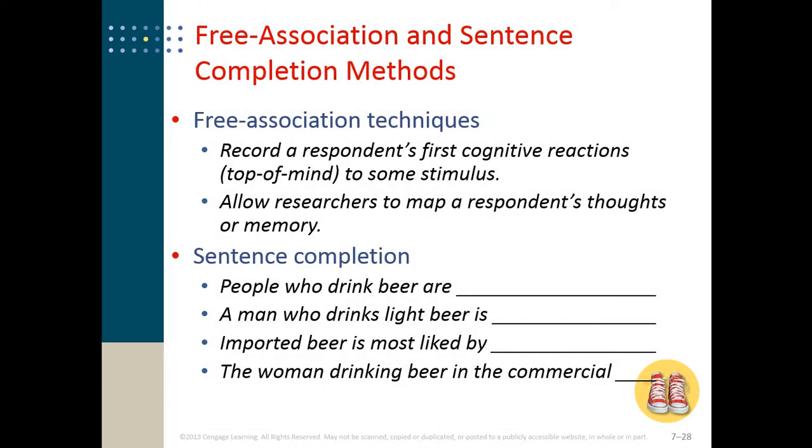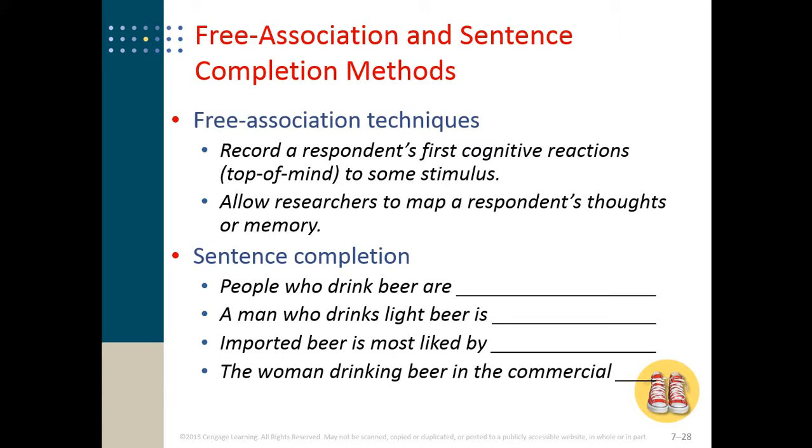Then free association techniques and sentence completion. Free association records the first thought that comes to a consumer's mind. That means you say something and ask your respondent to immediately express their thought.